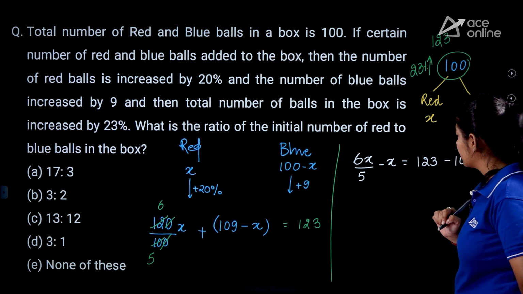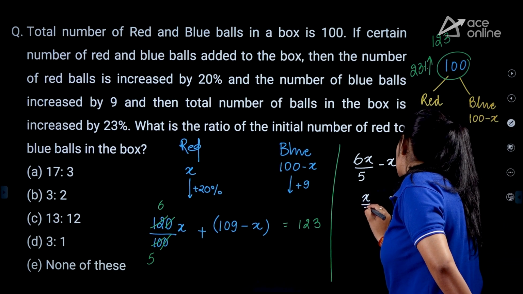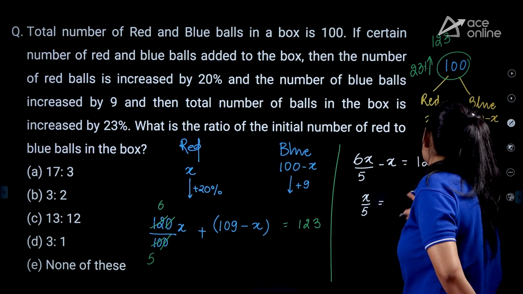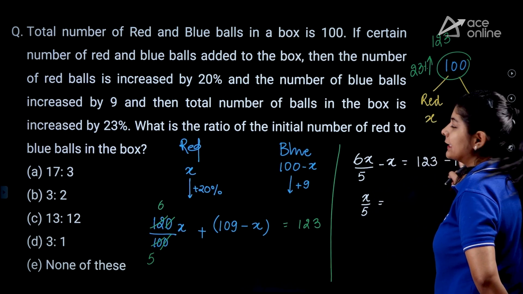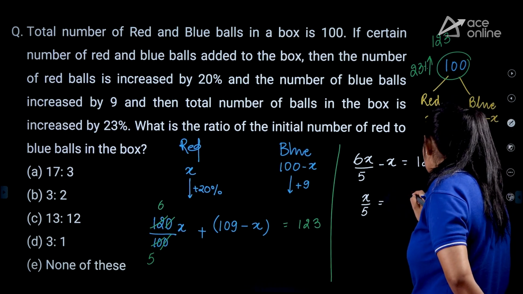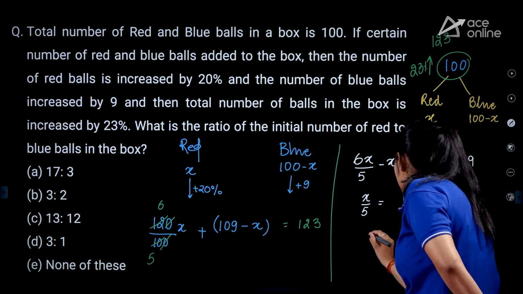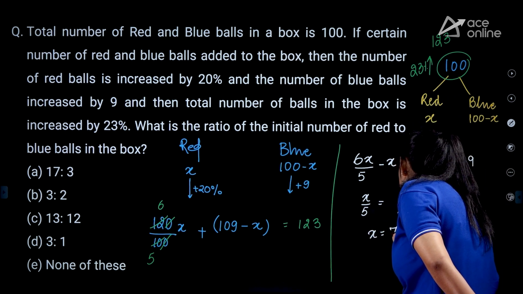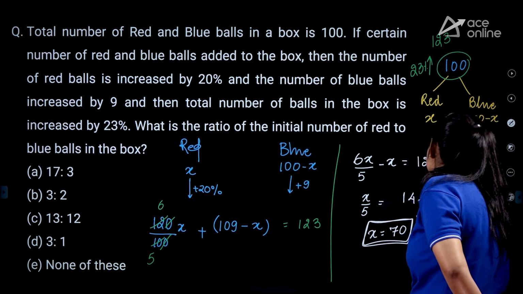Right? We can write it in this format. Here we are having x by 5 is equal to what we are getting over here. So basically 13 minus 9, that we are getting 4, and here 11, 1. So basically the value of x is nothing but 70.